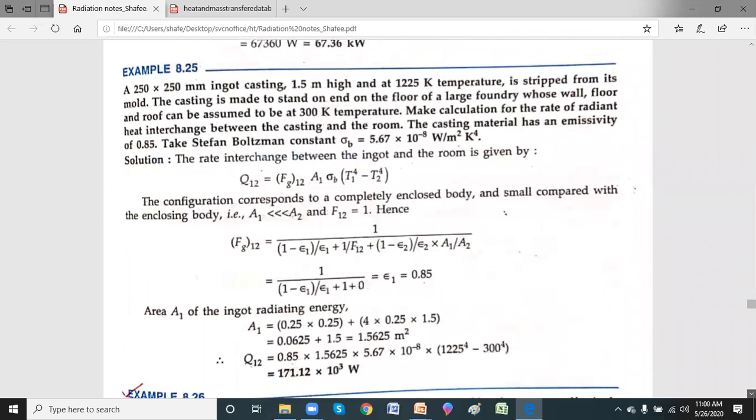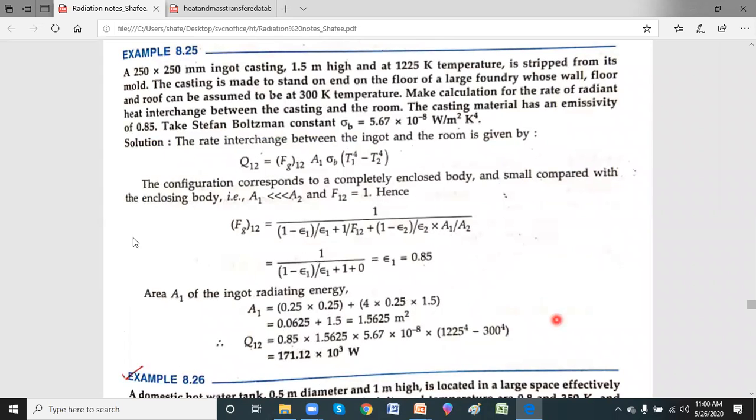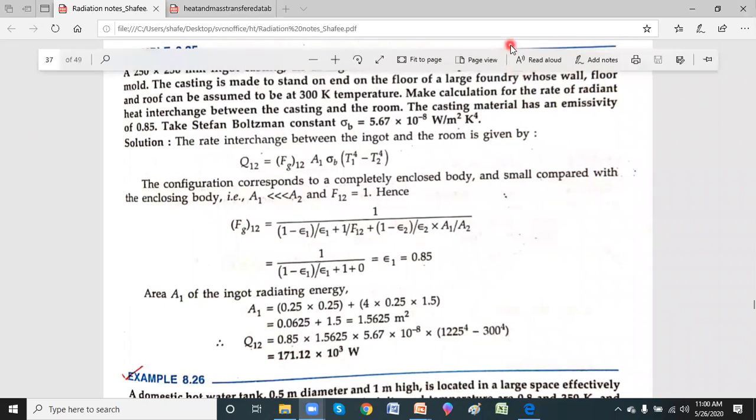It's a very, very important one. Now see here, they have mentioned a problem: a 250 mm by 250 mm ingot casting and 1.5 meters high. Now I have an ingot like this.